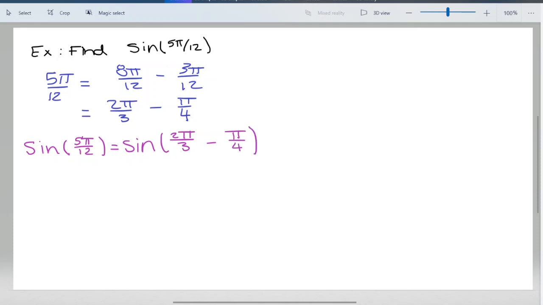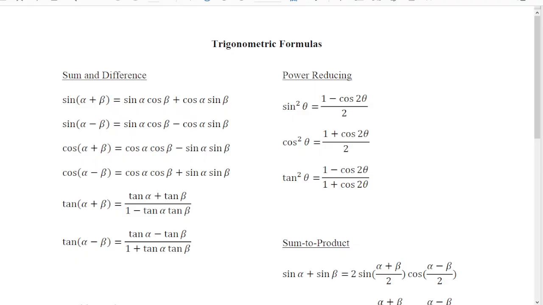Now, when I look at my trig identities, I want to look at the difference formula for sine. So here's my sine, and I am looking at the difference formula. You can see this is exactly the same as the sum formula, except for the minus sign here where the sum formula had a plus.